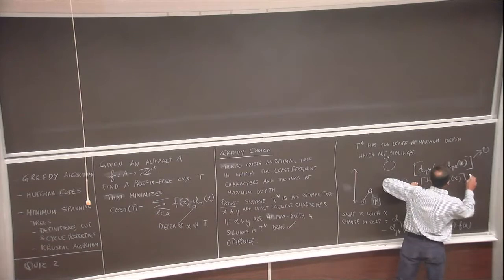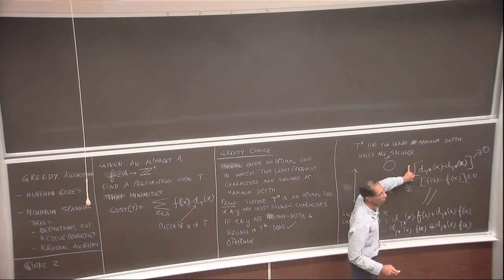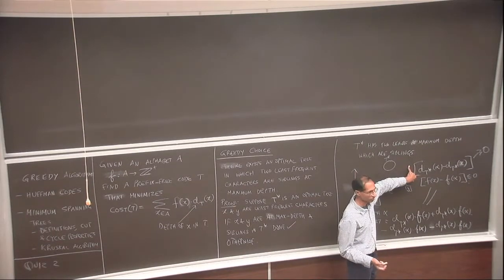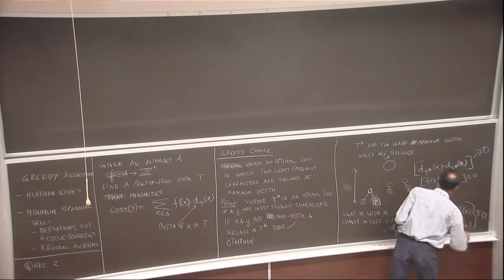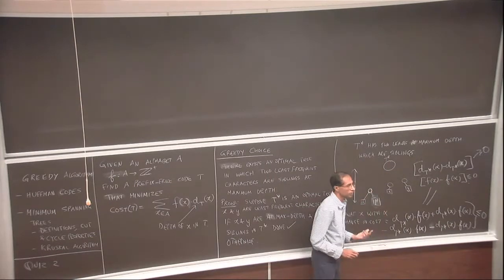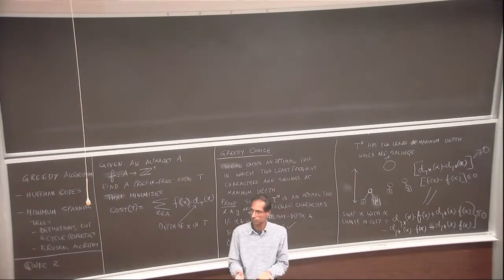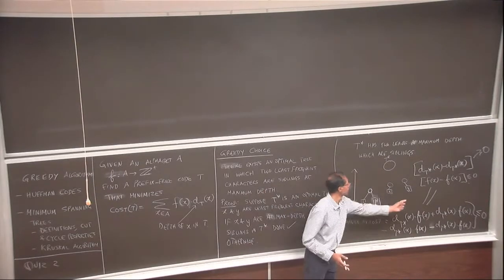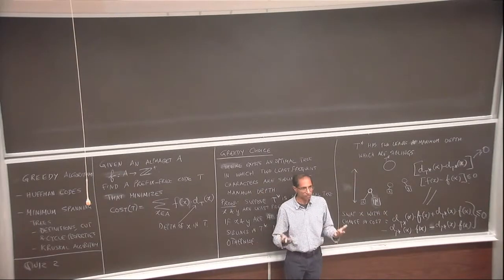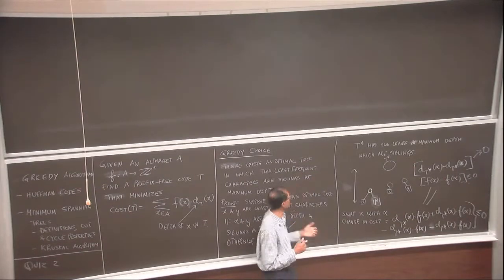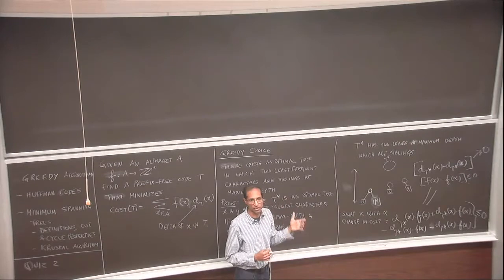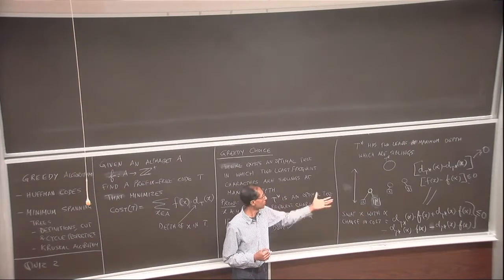So the product of these two has to be less than or equal to 0. That means by doing the swap of X and alpha, you have not increased the cost. And you can do the same thing with Y and beta. Okay? And so now you have a new solution which satisfies the property that you want, which has no more cost than T star, but T star is supposed to be optimal, so this better be optimal.